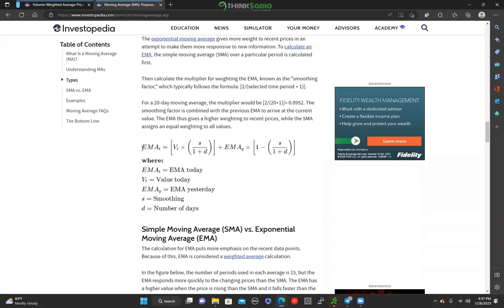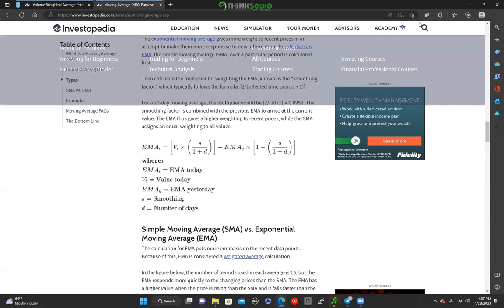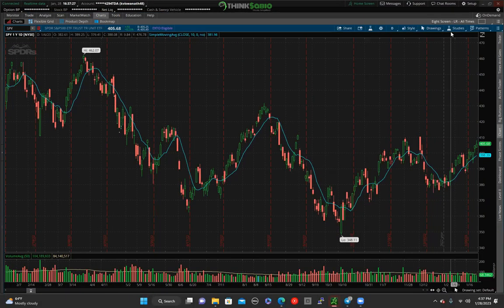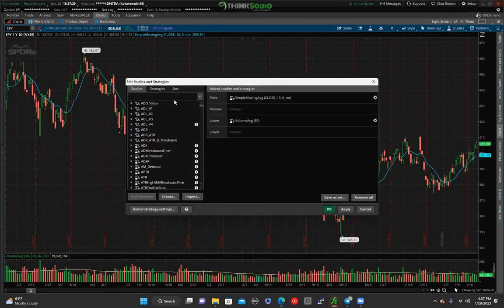So this is the exponential moving average. They calculate the value of that particular day, and they also take the average of the previous days, but they give more weight to the current price action, which means it is faster than the simple moving average.